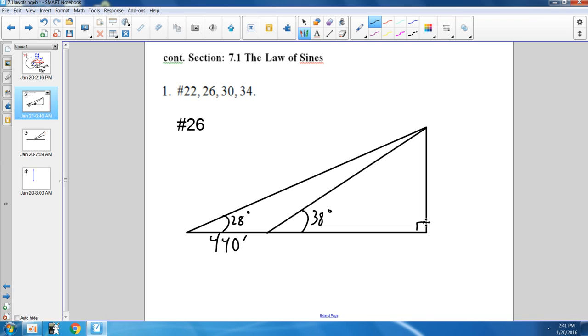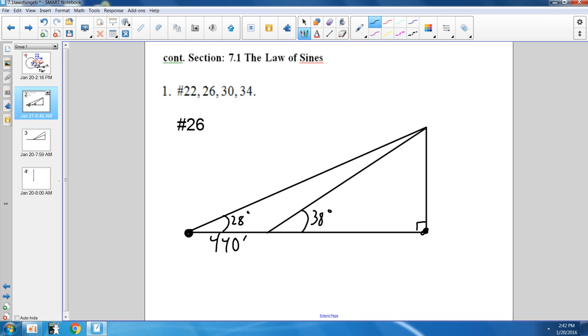How far away from the building is she when she makes her second observation? Her second observation, which means to the top from the 28 degrees. So how far is she from here when she makes that observation? Well, to find this, this makes sense because 38 is a bigger angle, it's steeper, so it should be on the inside.